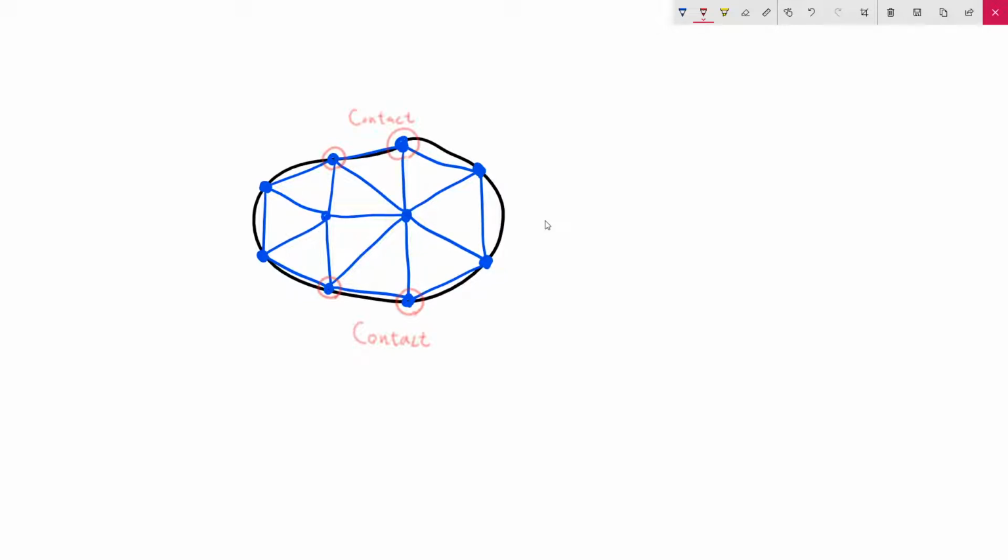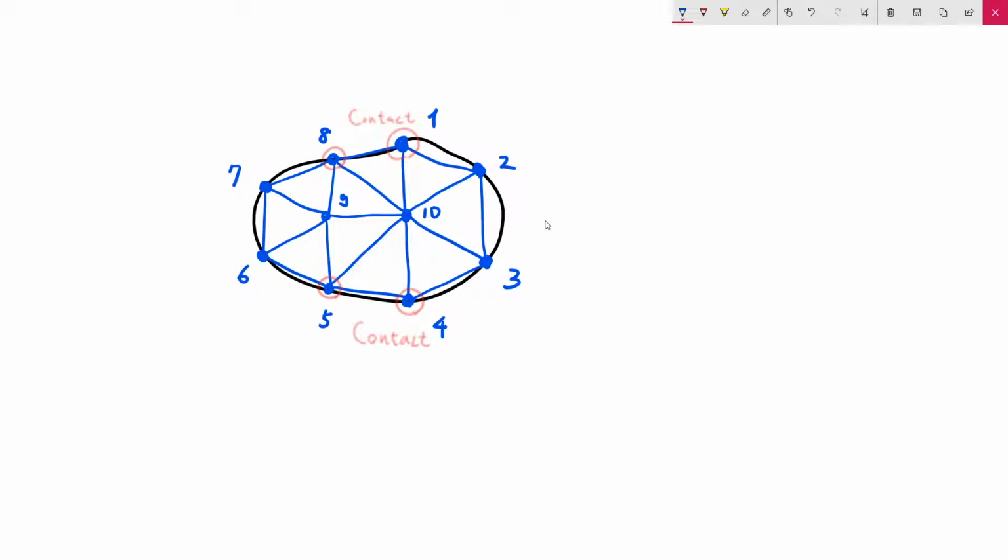For example, let's say this is point 1, 2, 3, 4, 5, 6, 7, 8, and I have to say this is 9, and this is, let's say, 10. Obviously, we have two different contacts.